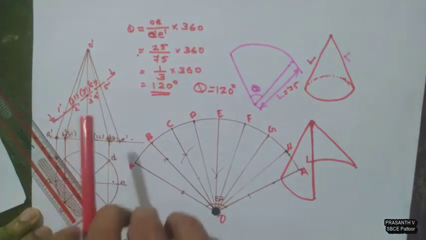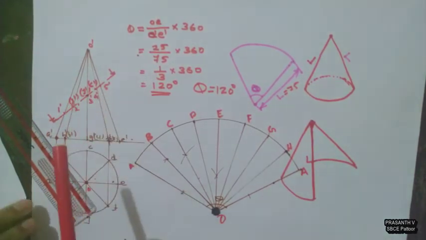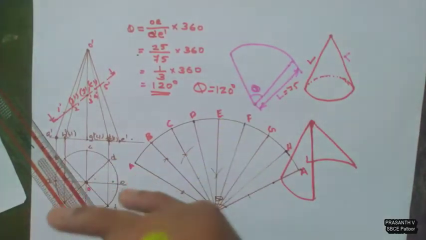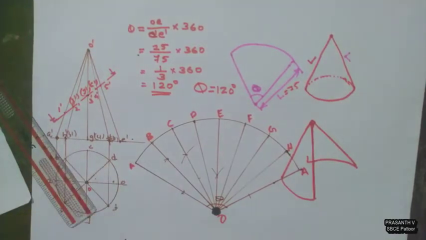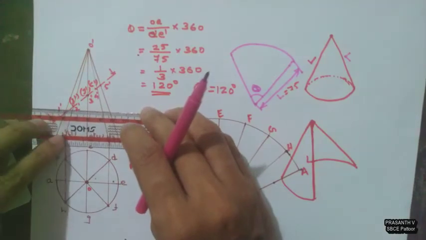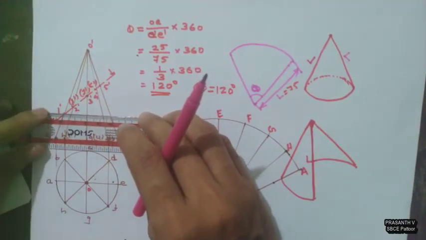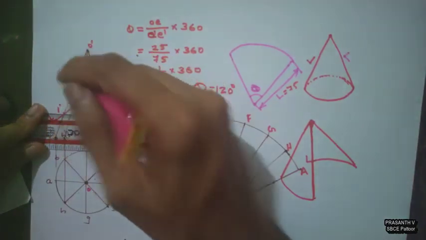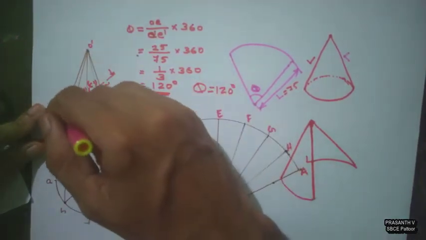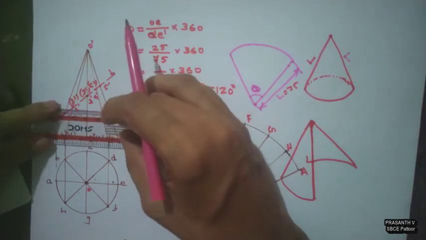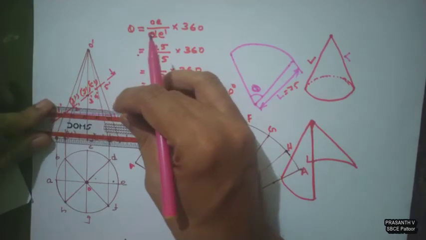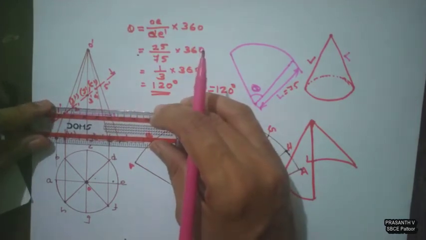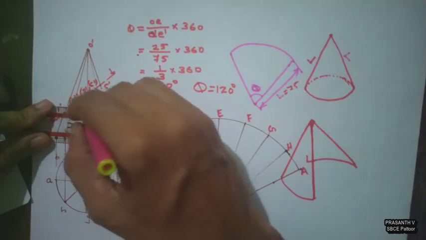For that, we have to transfer all these points to the true length line. It's better to transfer it here because we can take distance on the same line. See, this will be your 1. I'm just transferring all the cutting points into the true length generator, the end generator.